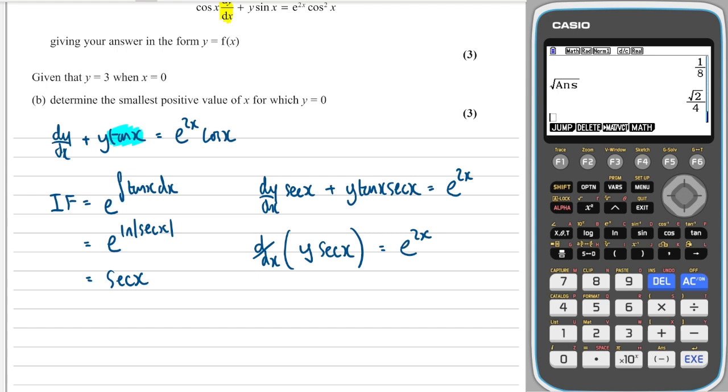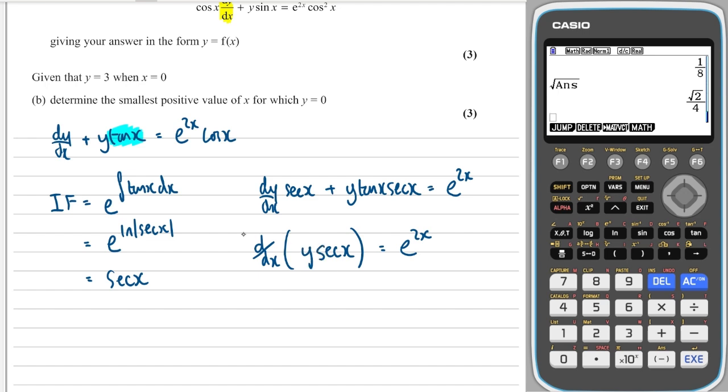Of course, we could check to make sure that's correct. If I differentiate this product, y differentiates to dy by dx multiplied by sec x. And then the next one, we will differentiate sec x to get sec tan, and then keep the y the same, and that will give us our product.